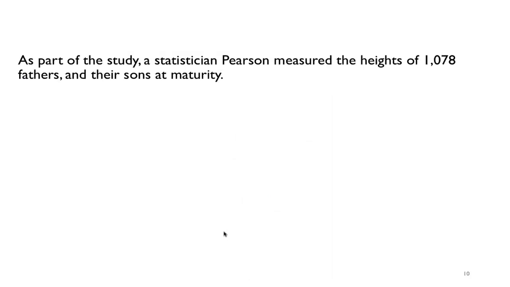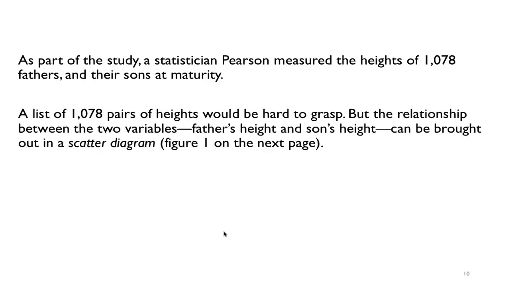Okay, so now we want to look at data that compare two different variables. For example, a study from the statistician Pearson looked at the heights of fathers and their sons. There's a data set of about 1,000 pairs of heights, and we want to plot this graph.